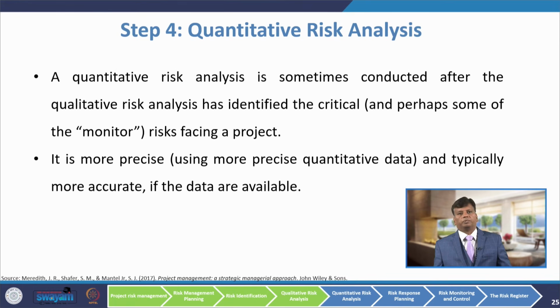The next step for managing project risk is quantitative risk analysis. A quantitative risk analysis is sometimes conducted after the qualitative risk analysis has identified the critical risks, perhaps some to monitor, and some that can be avoided. It is more precise, using quantitative data, and typically more accurate if the data are available.